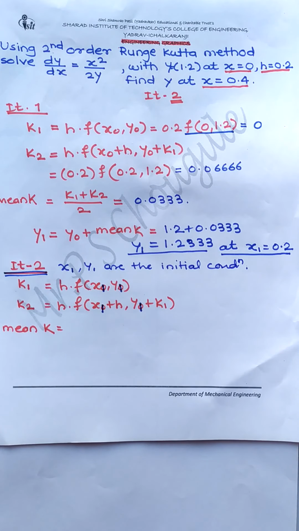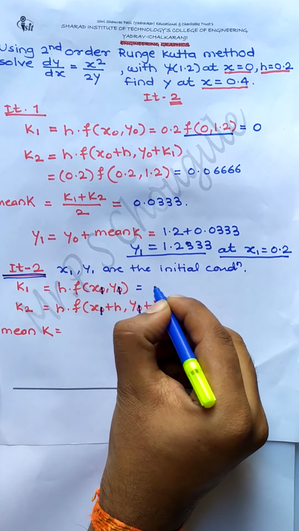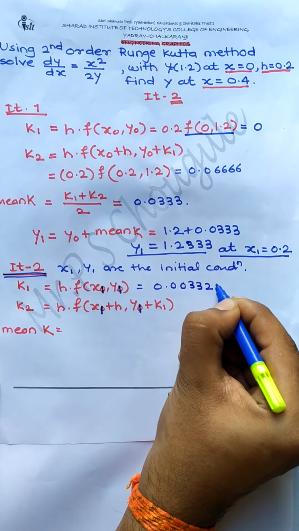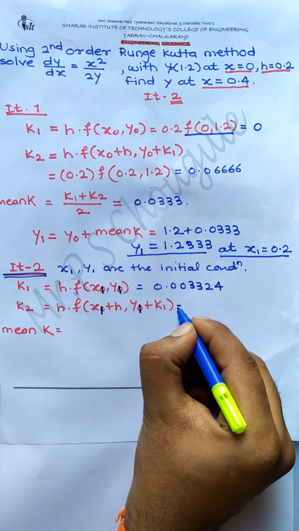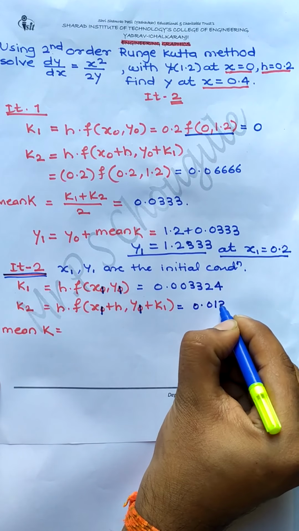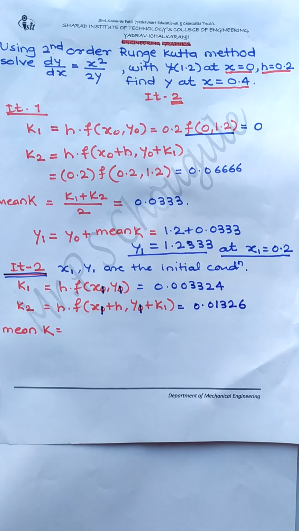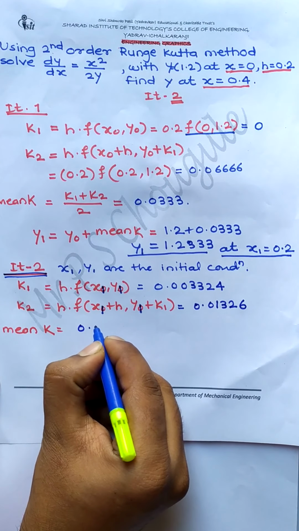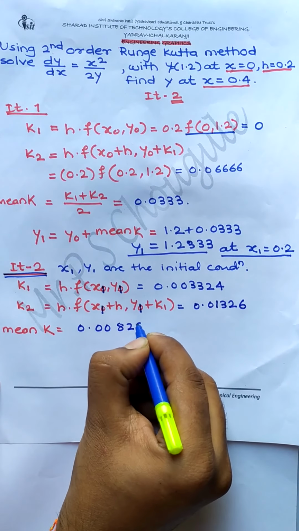So by this you will get the value of k1, which is equal to 0.003324, and the value of k2, which is equal to 0.01326. By this you will get the mean value, which is 0.008292.